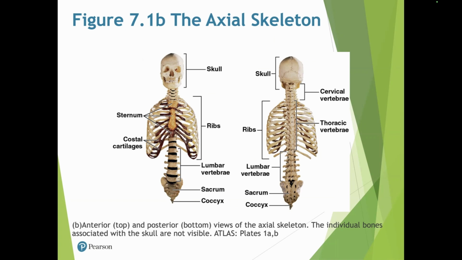So this is just a breakdown of that axial skeleton. It shows you the skull, the sternum and the 3 parts of the sternum, the ribs on both sides. You have your costal cartilage that is going to basically encompass the anterior portion of the ribs.